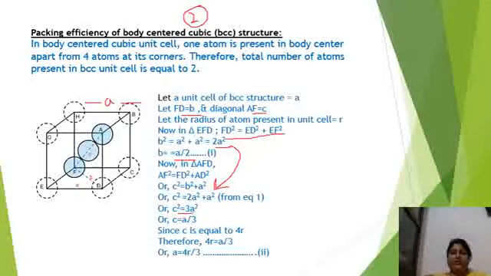C square is equal to 3A square, or C will be equal to A root 3. Now again R plus 2R plus R, how much is the total? The value of C is 4R. So 4R is equal to A root 3, or A is equal to 4R upon root 3.